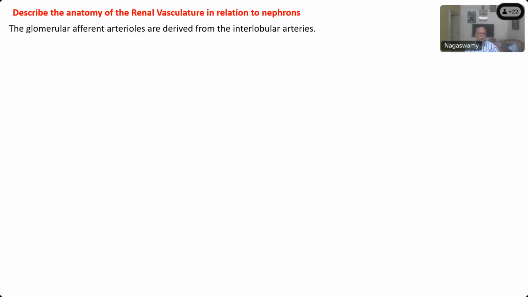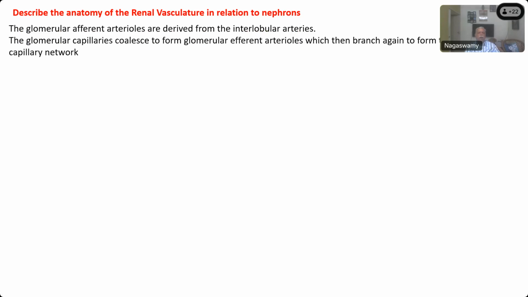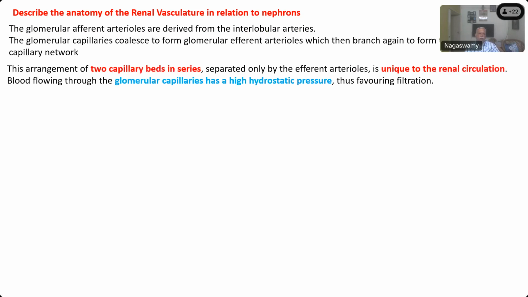So the glomerular afferent arterioles are derived from interlobular arteries, as we said earlier. The glomerular capillaries then coalesce to form glomerular efferent arterioles, which then branch to form the peritubular capillary network. So if you see, there are two capillary beds in series.